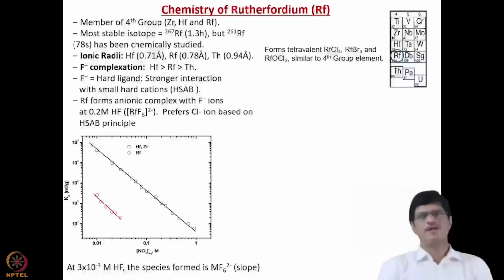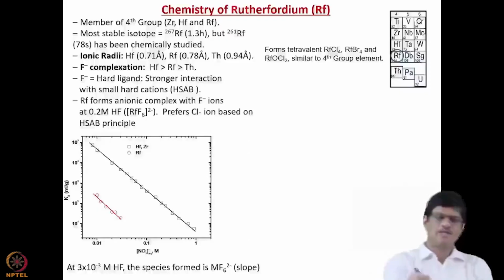Because thorium is in the actinide series as mentioned here, and this is called the pseudo homologue of rutherfordium. So the transition elements in group 4 like titanium and zirconium are considered as the homologue of rutherfordium, and thorium 4 plus is considered as the pseudo homologue of rutherfordium.